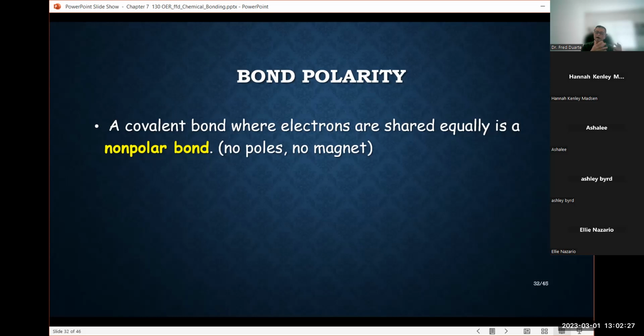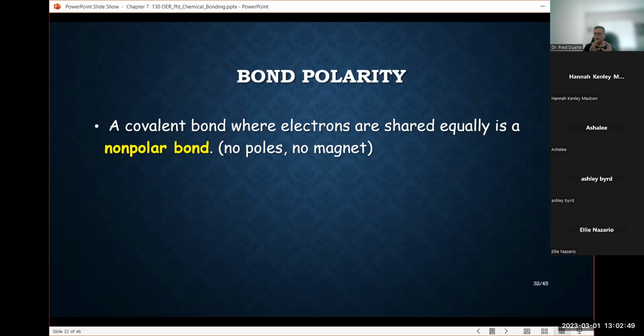Now, when it comes to bonding between 2 elements, we're either going to have equal or unequal sharing of those electrons that are being shared. And when we talk about polarity, we're dealing solely with covalent compounds. Do you remember what we meant by covalent bonds?